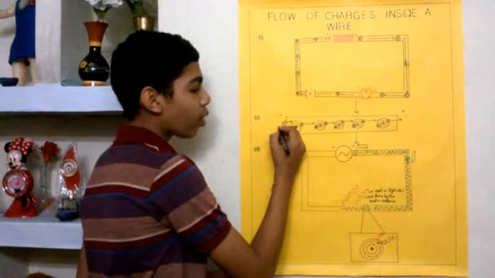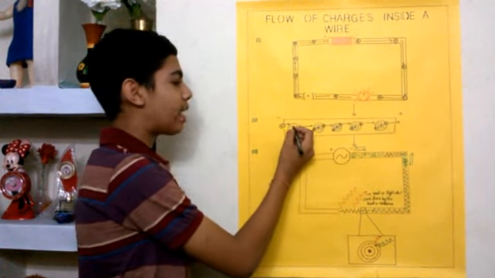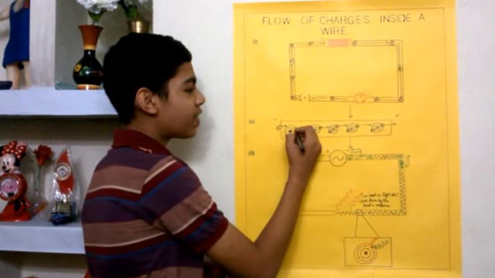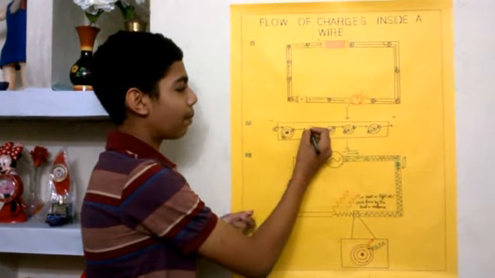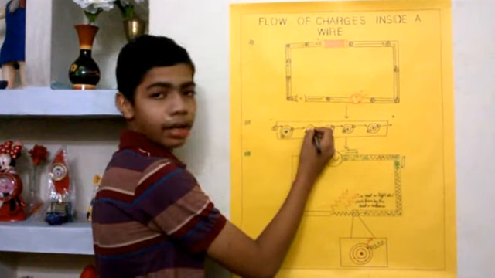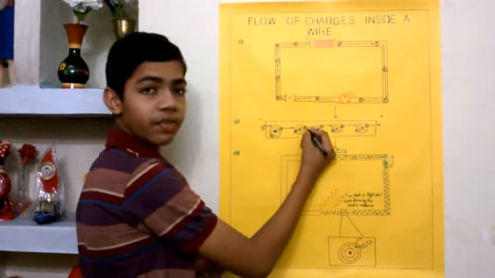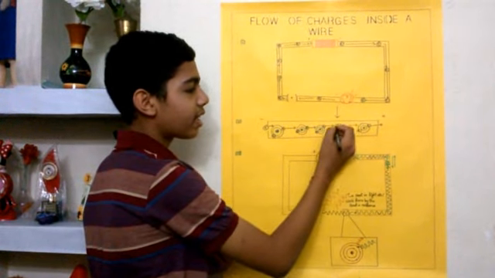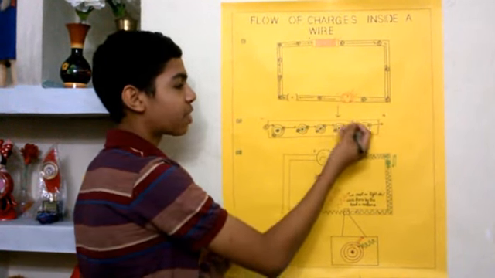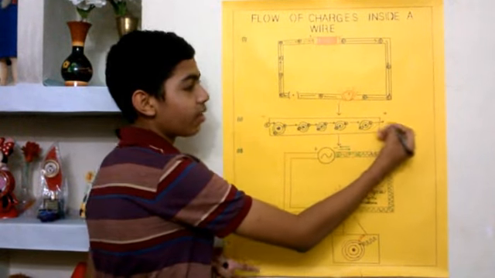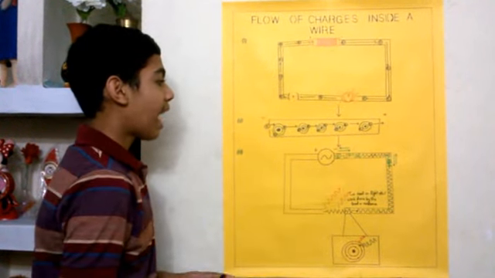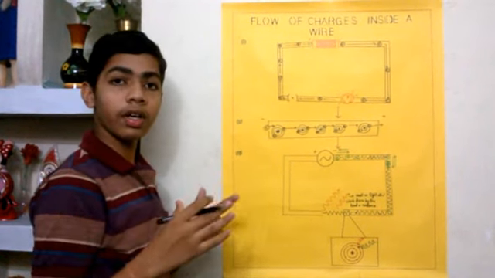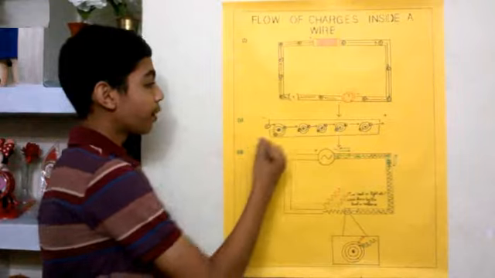So electrons jump into the next atom, and because the atom is now unstable, it shifts its electron to the next atom, and the next atom then shifts its electron to the next atom, and this type of changing continues until we reach the positive terminal. And here we can see that electronic fields are interacting with each other.